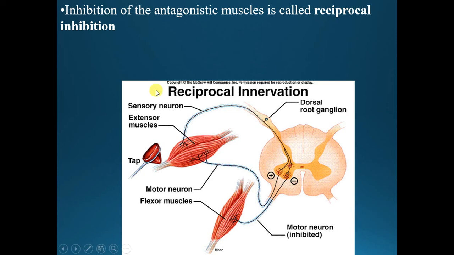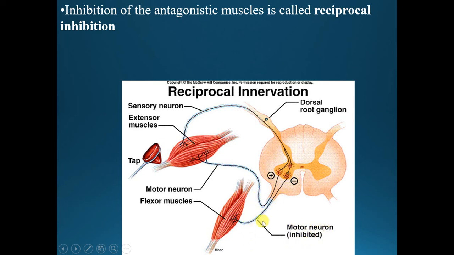The dorsal root ganglion, sensory neurons from the muscle spindle, extensor muscles. This sensory neuron and the motor neuron: inhibition of the antagonist muscle is called reciprocal inhibition, and the motor neuron is inhibited.